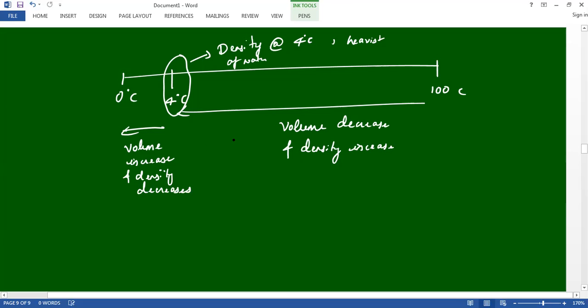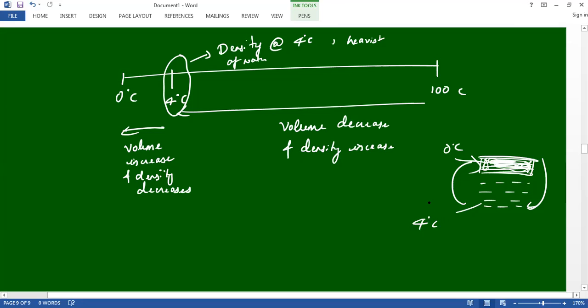Because of this phenomenon, the cold water will accumulate on the top of the water body, and the warm water, that is 4 degrees Celsius, will accumulate at the bottom. For example, this is 0 degrees Celsius, and 4 degrees Celsius water will be accumulated at the bottom.